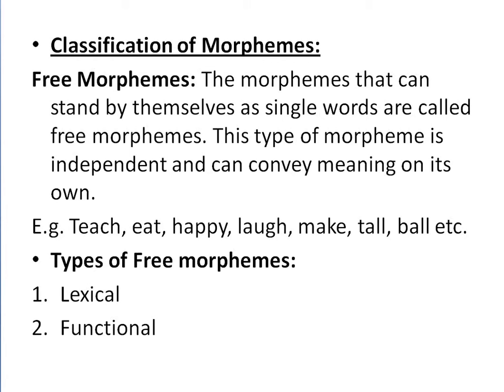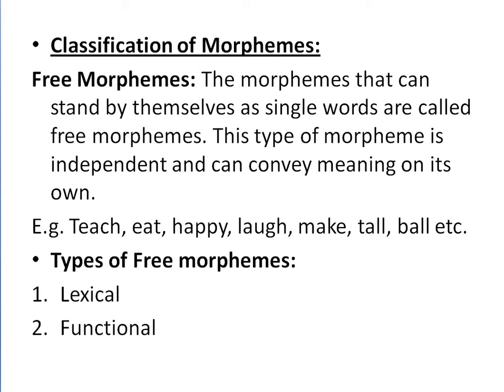We have studied before the types of free morphemes. Free morphemes are divided into two types. The first one is the lexical and the second one is the functional. Lexical morphemes are those which carry the basic meaning, the content of the word, the basic message.